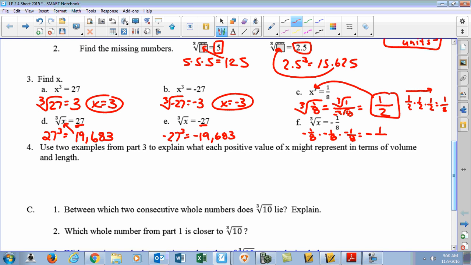And now, just to find out what 8 is, 8 times 8 times 8, well, 8 to the third power is 512. So this is negative 1/512. Pretty small number. But that's the number that goes in for x here. So the cubic root of negative 1/512 is negative 1/8, because negative 1/8 times itself 3 times gives us that. So again, you can see how we can work forwards and backwards.